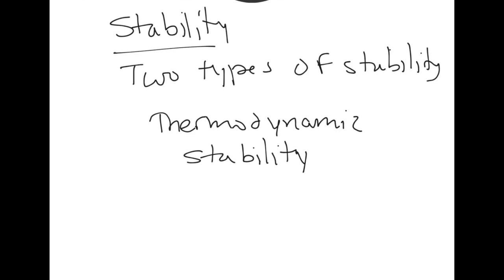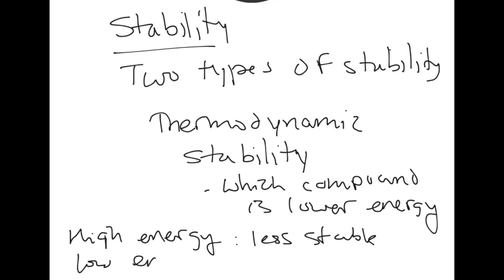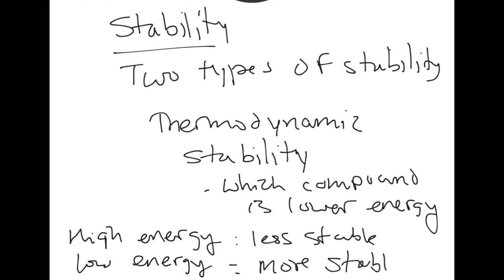And this is just looking at which compound's lower energy. So the general rule of thumb when you think about thermodynamic stability is high energy equals less stable, low energy equals more stable. So this is just looking at your height on the y-axis on your reaction coordinate diagram.